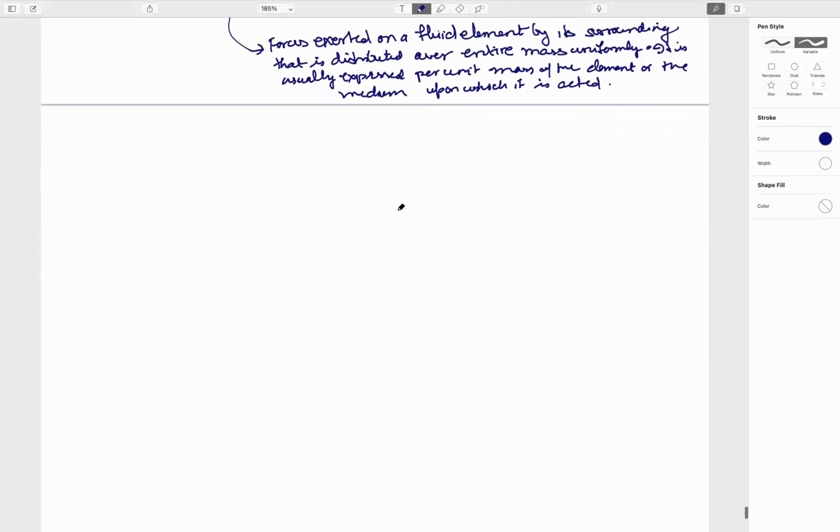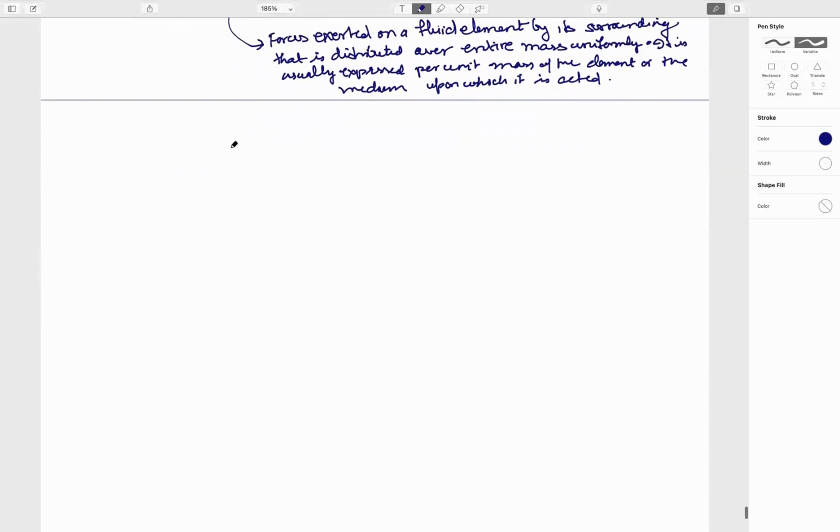But in Pascal's law, to derive Pascal's law, first I will define what Pascal's law says.